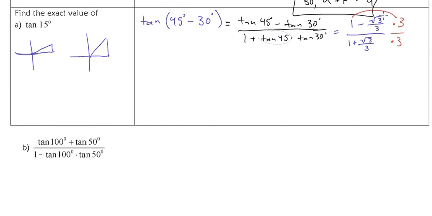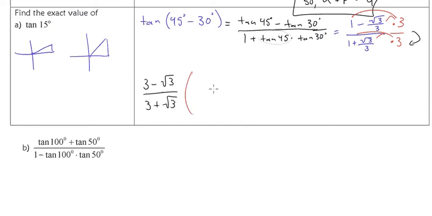So 3 times 1 is 3, and then 3 times the square root of 3 over 3, those 3's will cancel out. And same thing down here in the denominator. That'll give us 3 minus the square root of 3 over 3 plus the square root of 3.